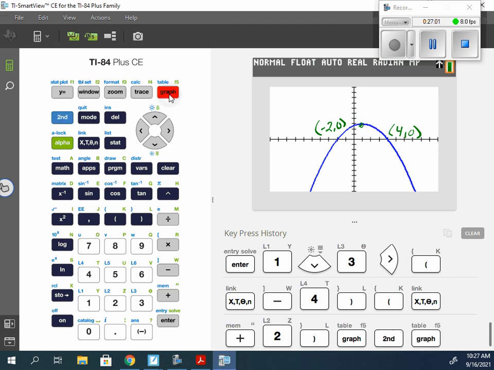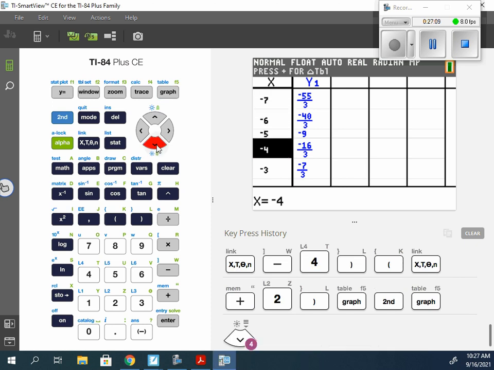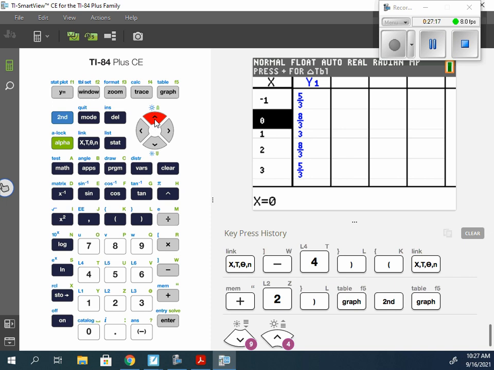To get a better idea, we can go second table. So I need to scroll down. Okay, so negative 2, 0, we have confirmed that that is one of the x-intercepts, yes?